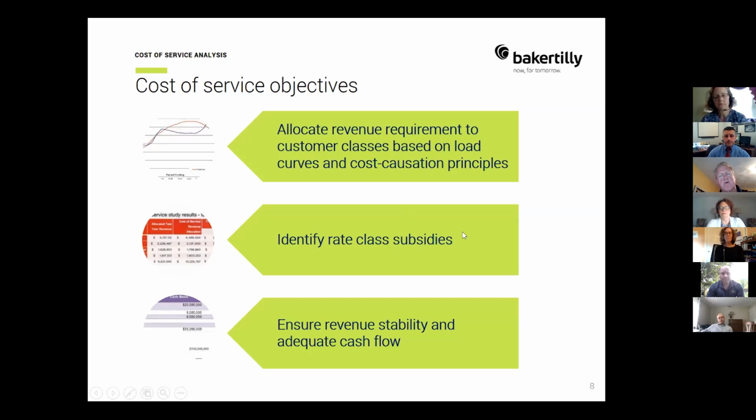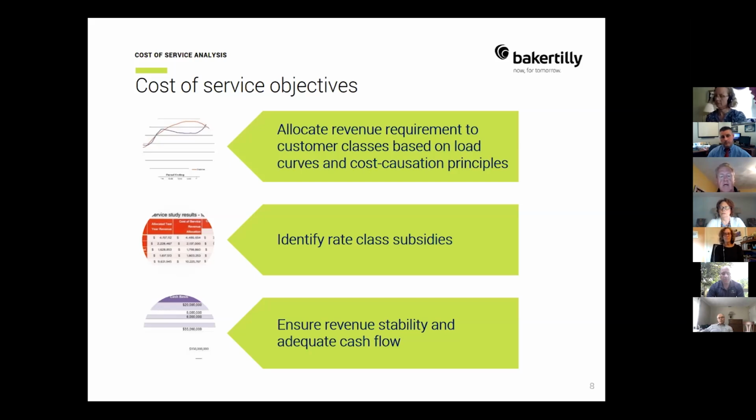So for example, we're going to see in another slide or two that some classes are over their cost of service and some are under their cost of service. So that means the number at the bottom in total doesn't change, but some classes are subsidizing others.